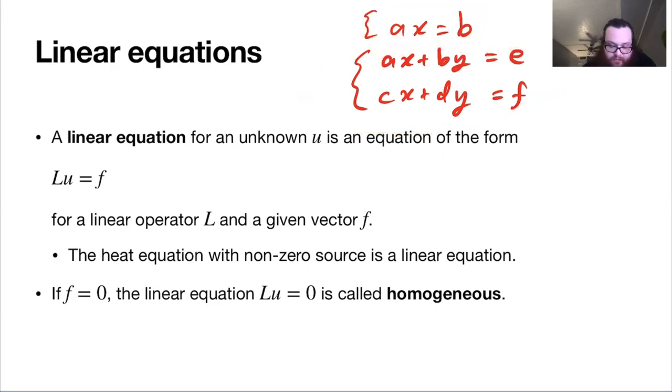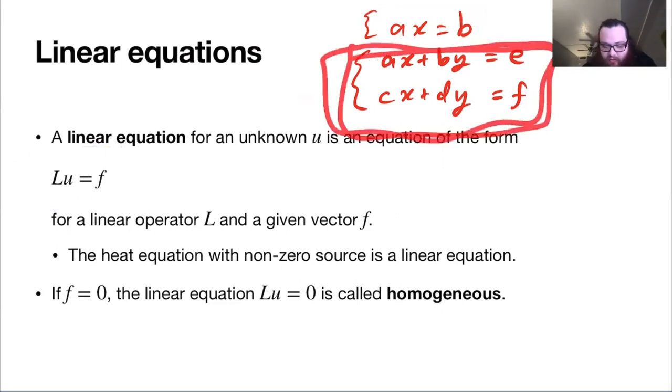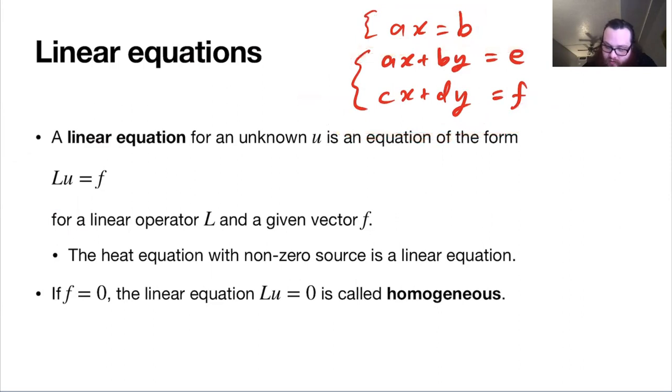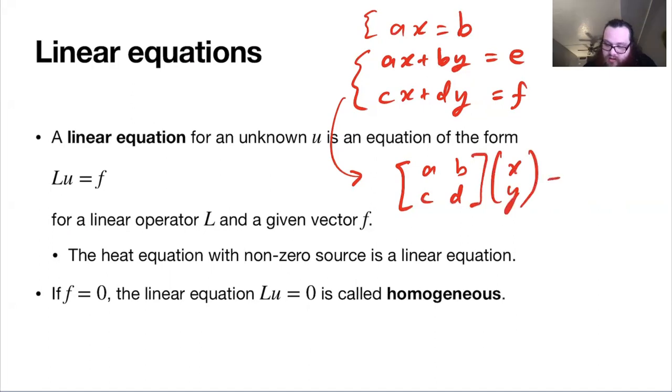Ax equals b, well, that's kind of given. But the question is, how's this thing written as a linear equation? Of course, if we write out a, b, c, d, this matrix applied to the vector xy is equal to ef.